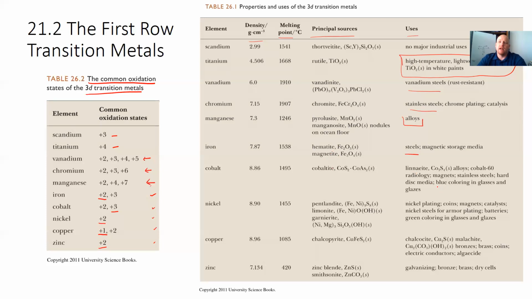One of the more interesting things, I think, is cobalt being used as a coloring agent for glass and glazes. Nickel is, of course, used in coins. It's got that nice shininess to it. It's lustrous. It's also used in batteries, like the nickel cadmium battery, NiCad batteries, if you're familiar with those.